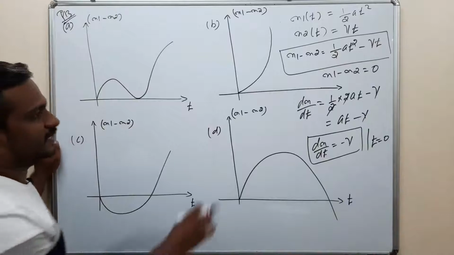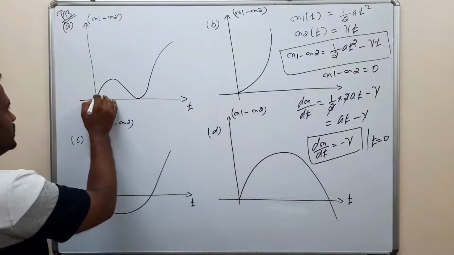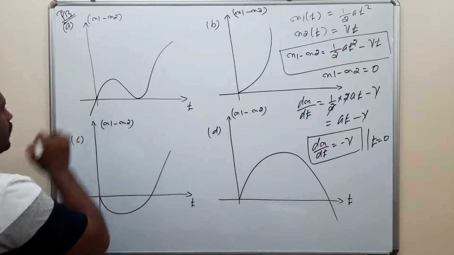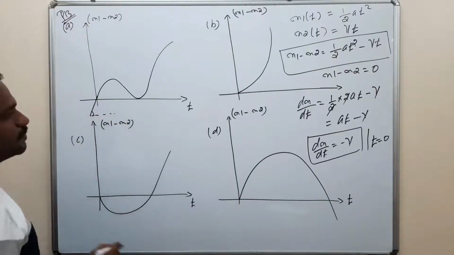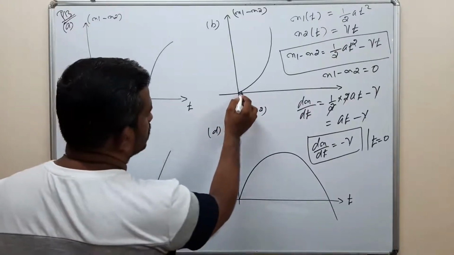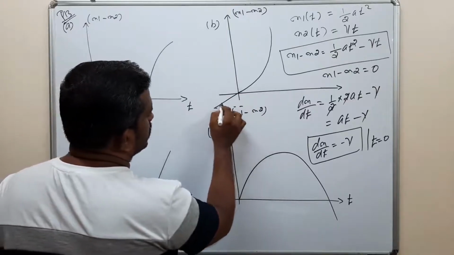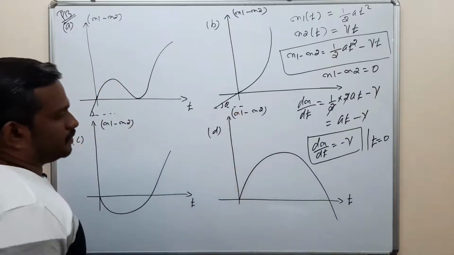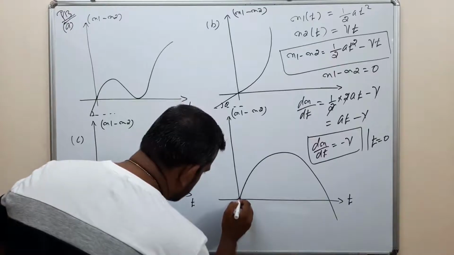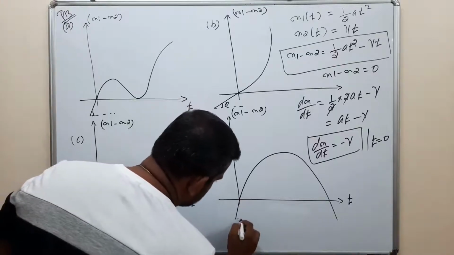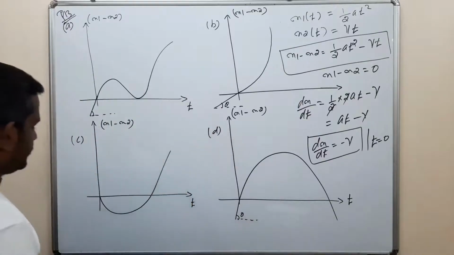So draw the tangent at time t is equal to 0. So this is 0, so draw the tangent here. It gives a positive slope. At this point, draw the tangent. Here the slope is positive. At this position, draw the tangent. Here also the slope is positive.